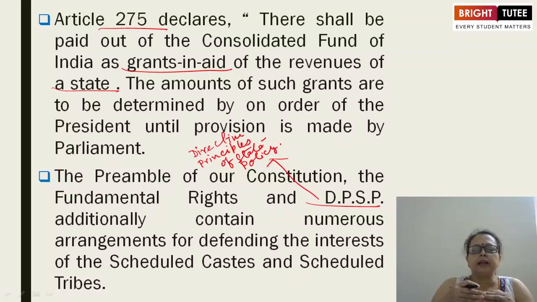In every sphere of society, to protect them from social injustice, they have to be given special grants and special provisions, even in our Preamble, Fundamental Rights, and the Directive Principles of State Policy, which are included in Part 4 of our Constitution. This is the direction to the state governments on how to uplift the condition of the scheduled castes and scheduled tribes, with different types of arrangements for their protection, welfare, and interests.